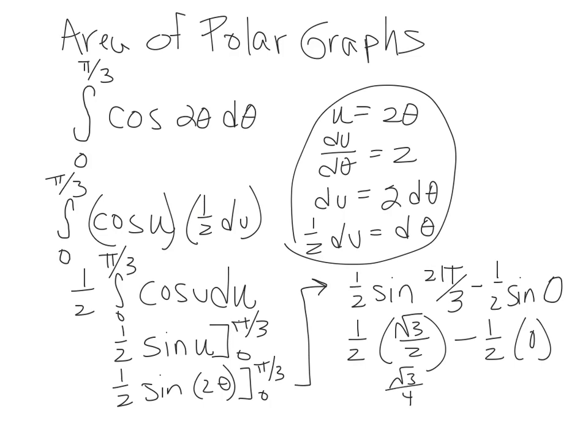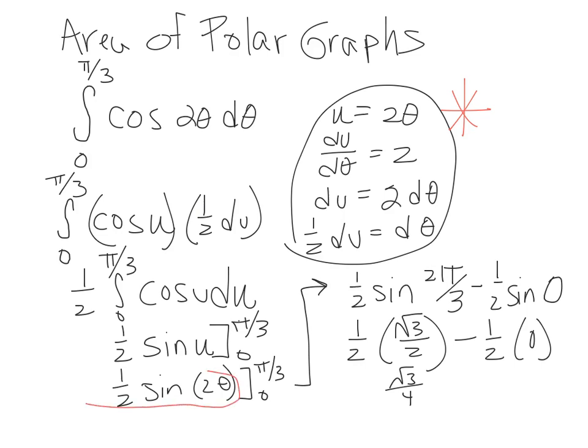Now, the important part about this is not so much the limits and what the actual answer came out to. It's using the u substitution that we did here to rewrite this as, instead of the cosine of 2u, 1/2 times the cosine of u, and then resulting in 1/2 sine of 2 theta.